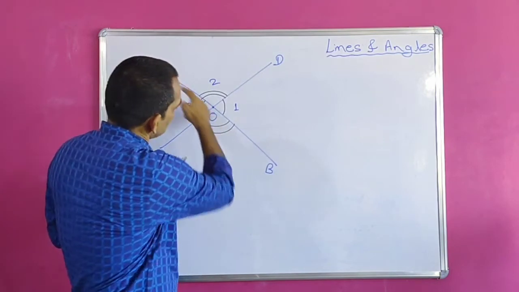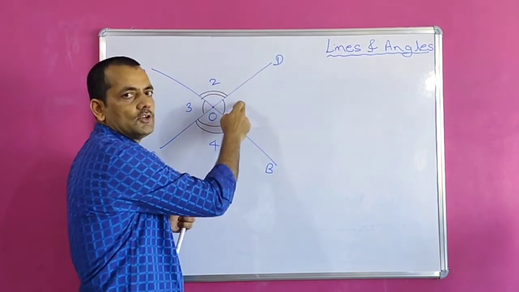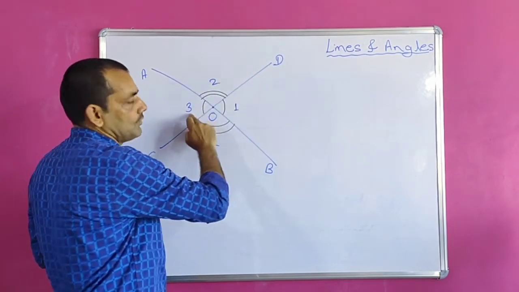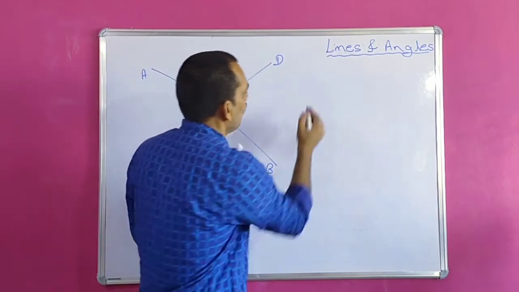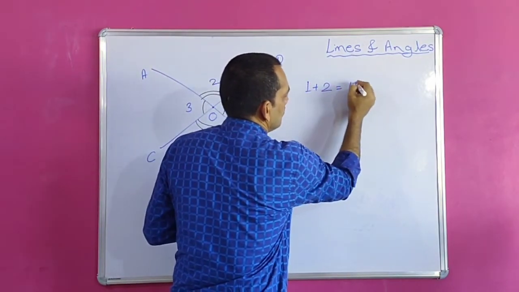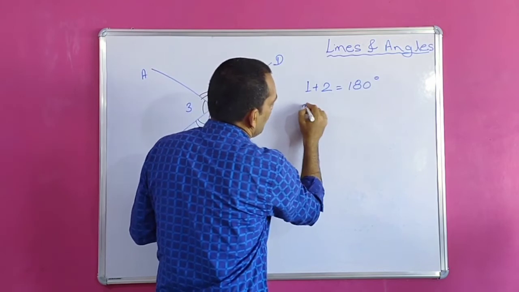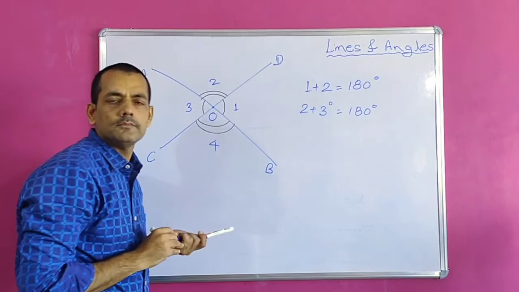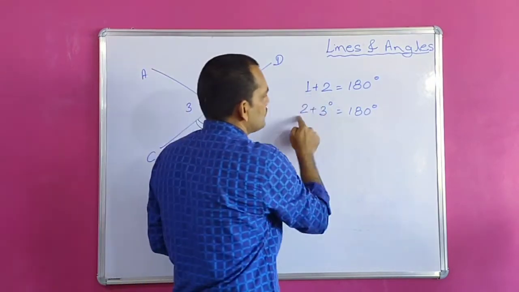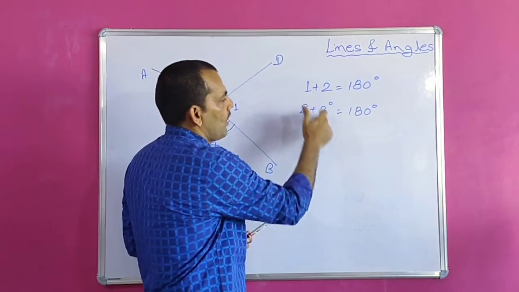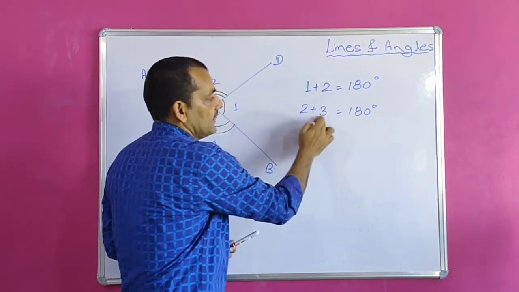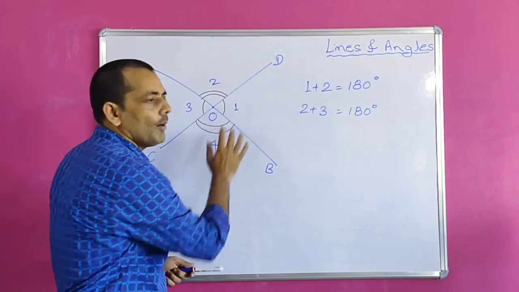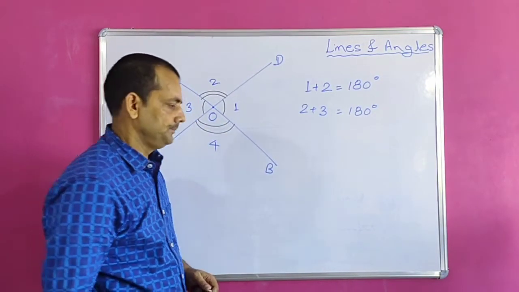Because of the straight line, angles 1 and 2 add to 180 degrees, and at the same time angles 2 and 3 also add to 180 degrees. So 1 plus 2 is 180 and 2 plus 3 is also 180. Since 2 is common in both, it simply means 1 and 3 are equal. So 1 and 3 are vertically opposite angles. Vertically opposite angles are equal.